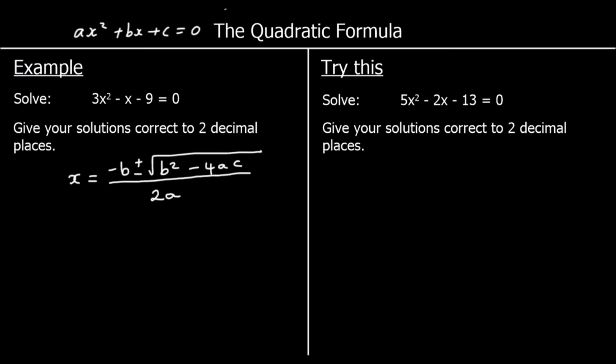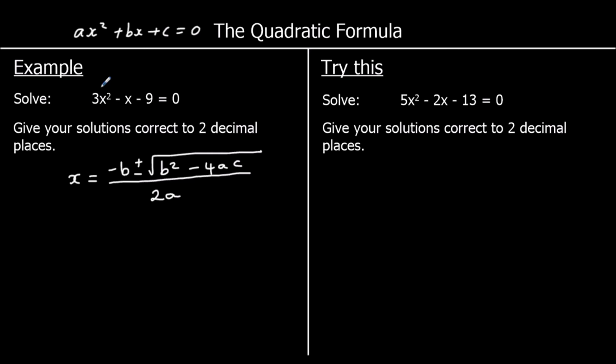And we use it when we can't factorize, and that's usually when we need to give a decimal answer, so we can't factorize to 2 decimal places. So an option available to us to solve a quadratic is the quadratic formula.